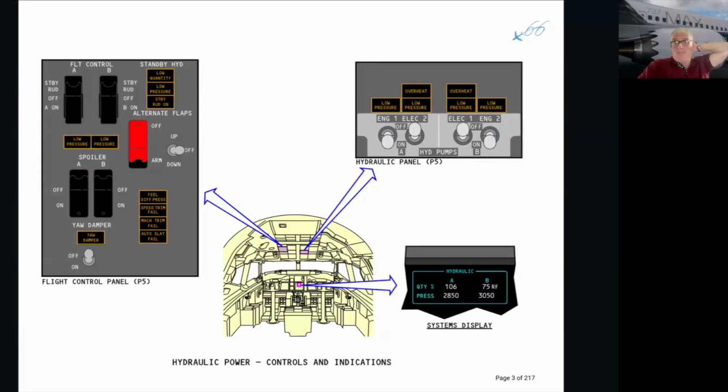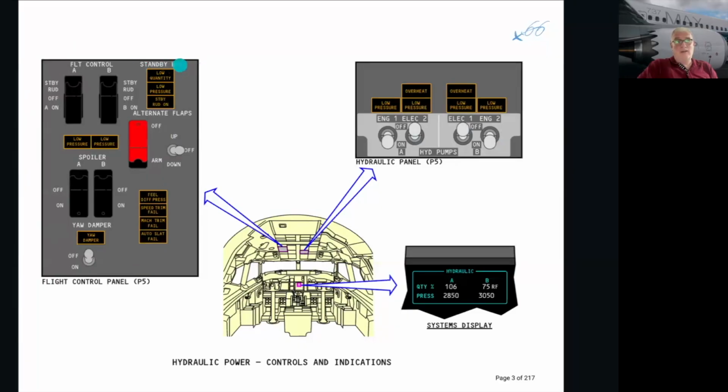Because the engine's not running, the pumps are not running either. The electric ones are off and have to be switched on electrically by this switch, and we have indications for all four different pumps. This one is for the standby hydraulic system. We did say that when we're using this panel, it's an area for concern because we're using the standby systems.